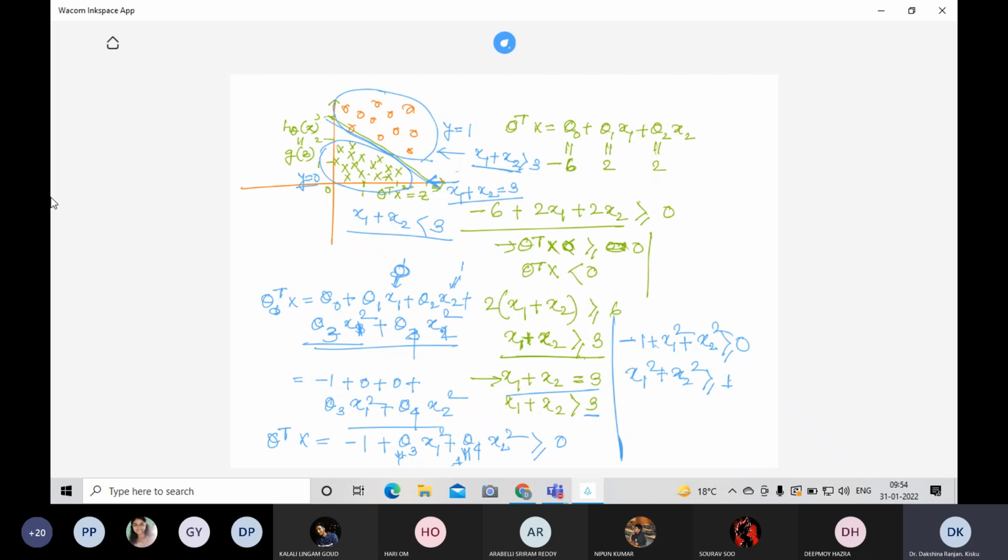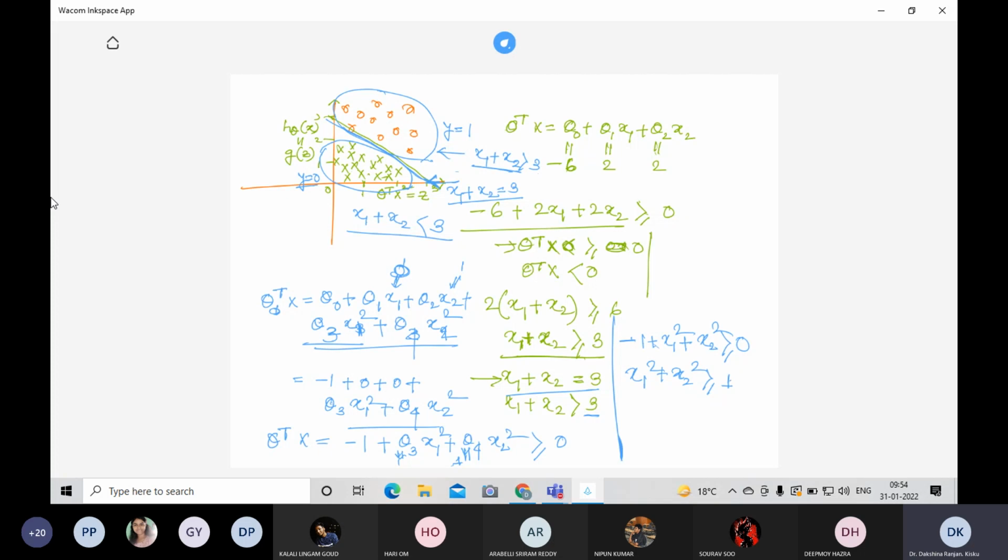Initially there will be a few points which were assigned the class level 1. After adding the new data points, they might be labeled as y equals 0.